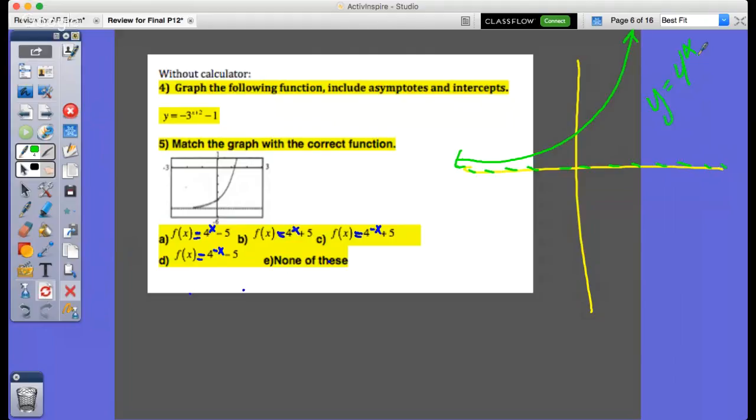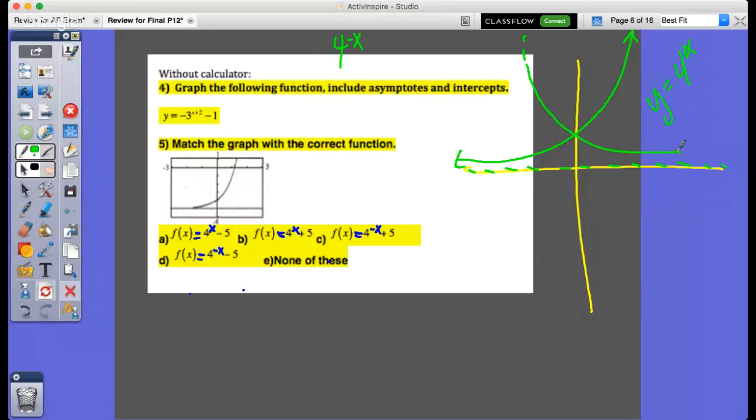Now, real quick, if I did 4 to the negative x, what would happen to this green graph here? Since the x is negative, it would reflect over the y-axis, so it would go this way. It would look something like that. Cool?